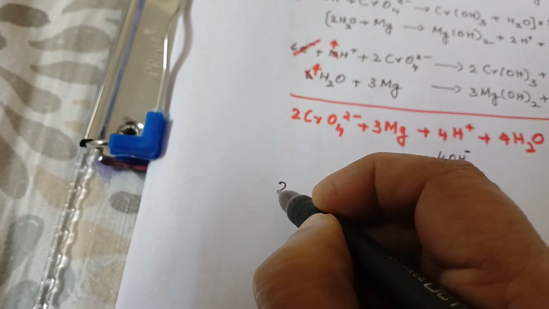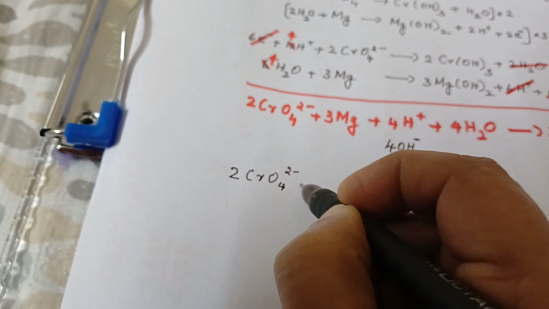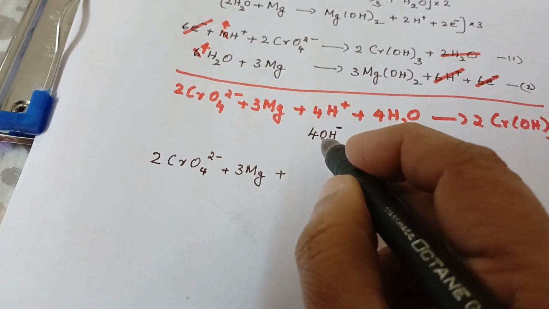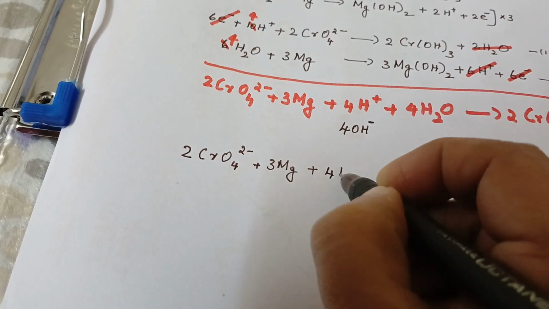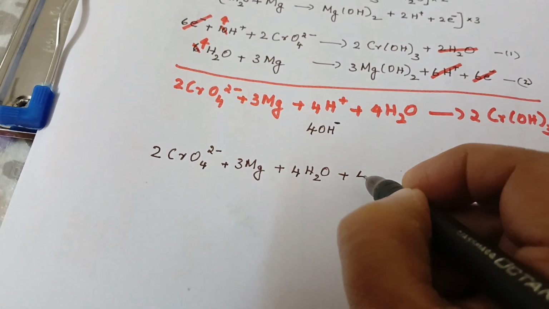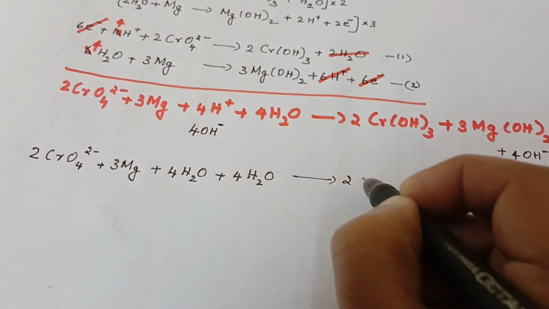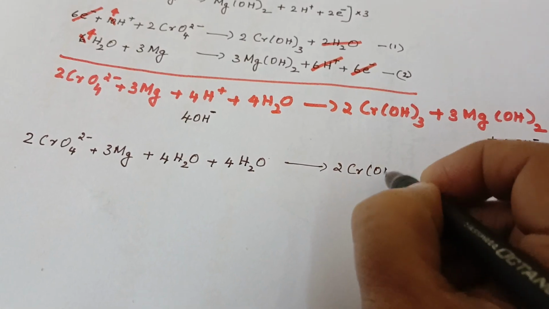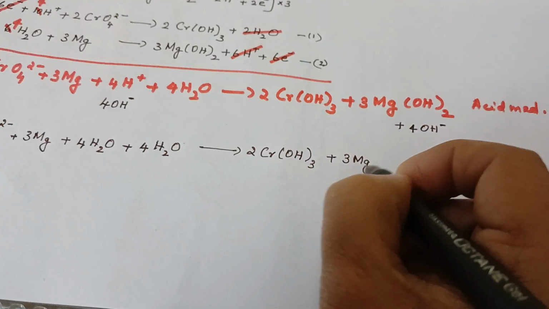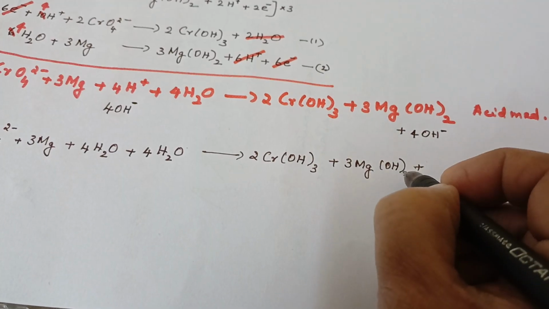So let us write the new equation: 2 CrO4 2 minus plus 3 Mg plus 4 H plus and 4 OH minus, 4 H2O plus another 4 H2O is here, giving 2 CrOH thrice plus 3 MgOH twice plus these 4 OH minus.